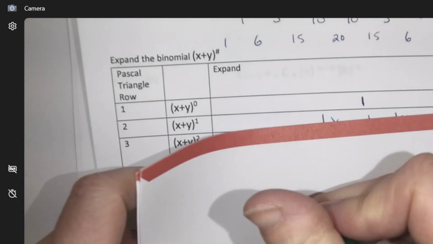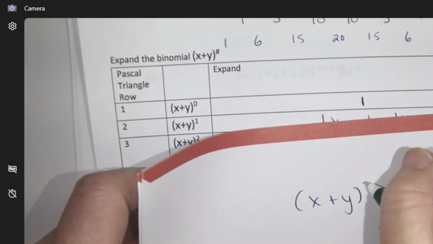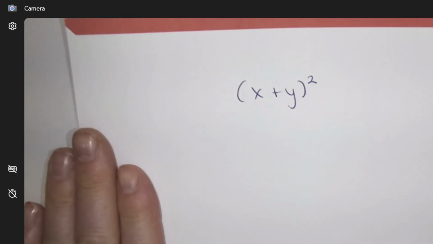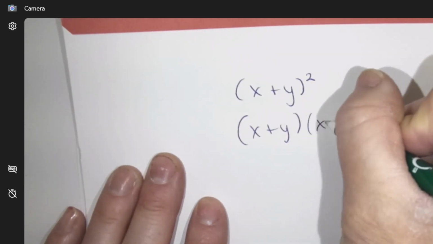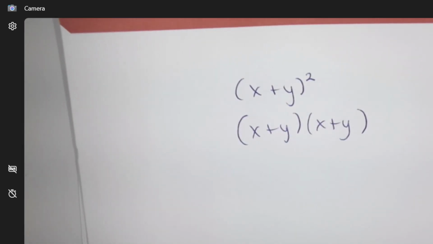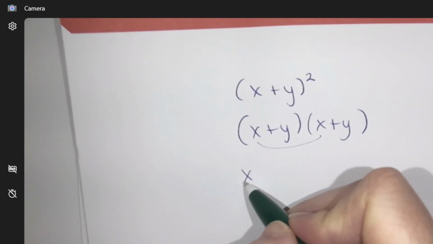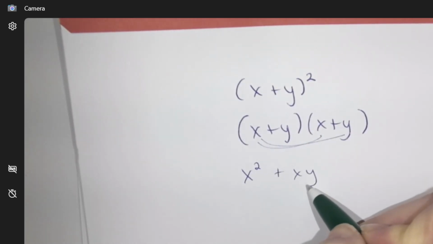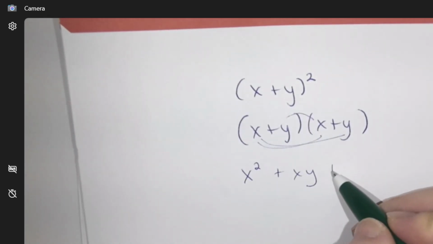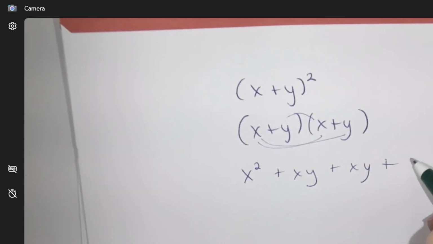Okay, x plus y squared. I'm going to do this for you. Ready? Okay, so if I square something, this is what it looks like repeated. Okay, let's FOIL this. Ready? What's first times first? X squared. This makes an xy on the outside, xy on the inside, and y squared last.